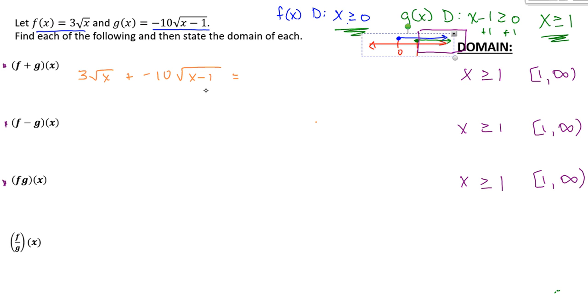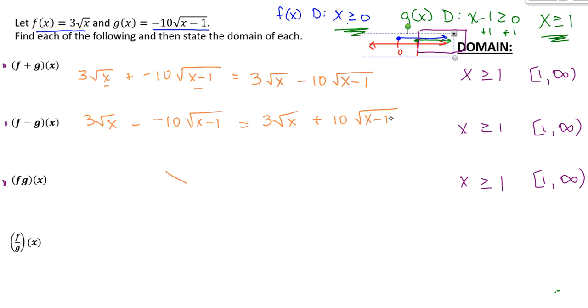We know by the rules of radicals that the shelf numbers have to match and the stuff underneath have to match, which they don't. So it's simply going to be 3 square root of x minus 10 square root of x minus 1. And guess what? F minus g is pretty much the same, except for that one sign change, plus 10 square root of x minus 1.